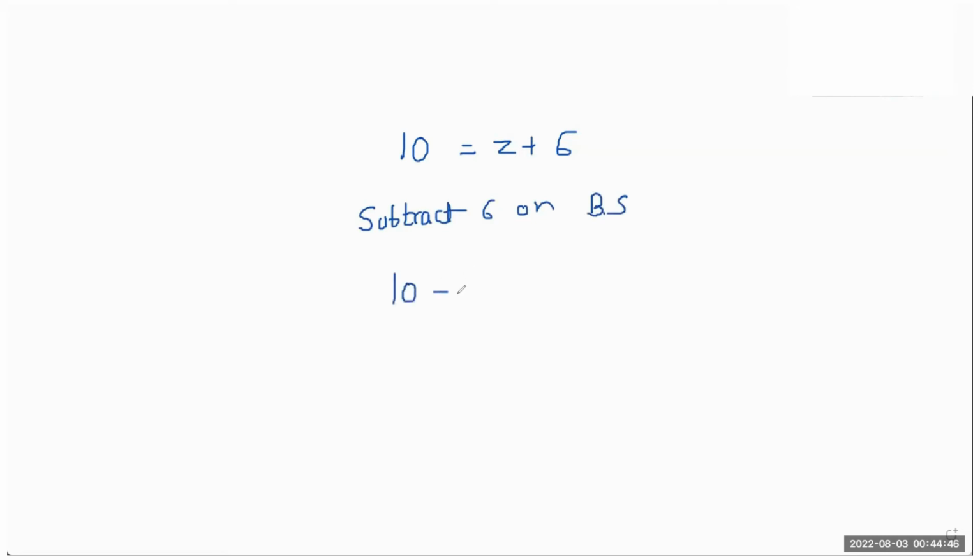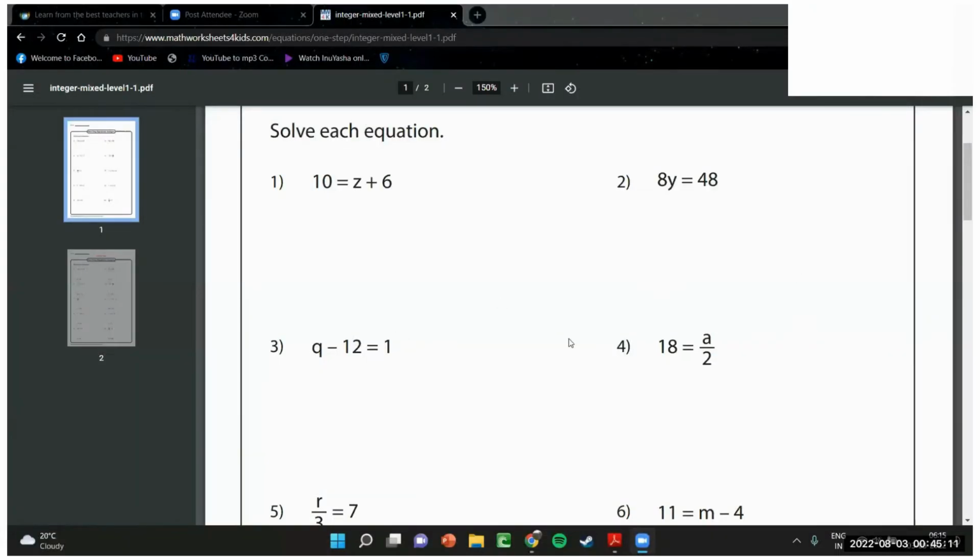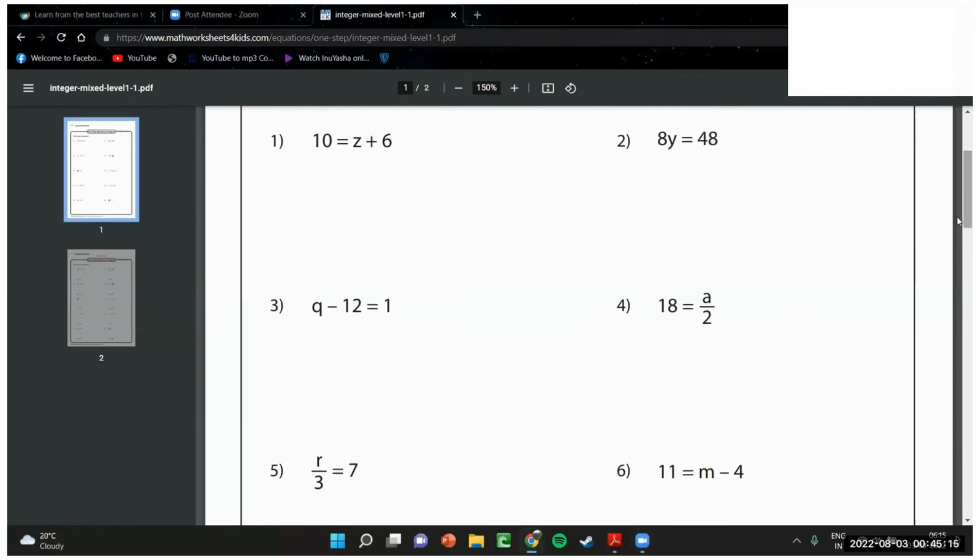You get 10 minus 6 equals z plus 6 minus 6. 10 minus 6 is 4, and 6 minus 6 is 0. So z equals 4. Try doing the second, third, fourth, and fifth. Let me know when you're done. It's the same. First, find out what is stopping me from finding the variable, and then see whether you have to subtract or divide.